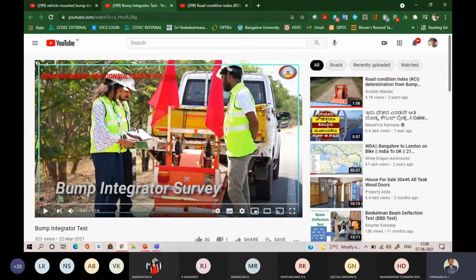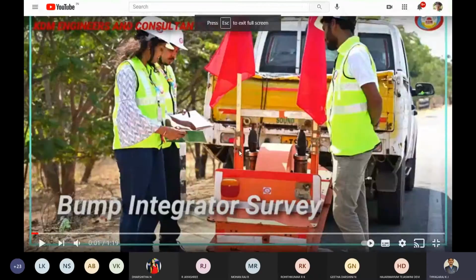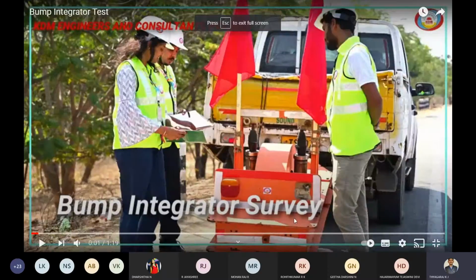The next instrument is one where a separate wheel will be mounted on the back portion of the vehicle and it will be towed along the length of the road and the readings will be recorded. It is an extra wheel. We all know that the vehicle will have 4 wheels.